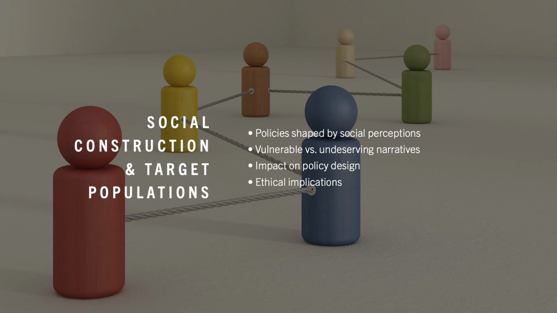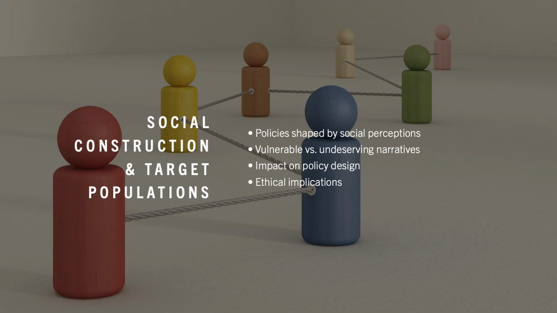Social construction theory helps explain how policies like the ACA are shaped by societal perceptions. Schneider and Ingram argue that target populations are socially constructed as either deserving or undeserving. In the ACA, groups such as low-income individuals and people with pre-existing conditions were framed both sympathetically and critically in political discourse.